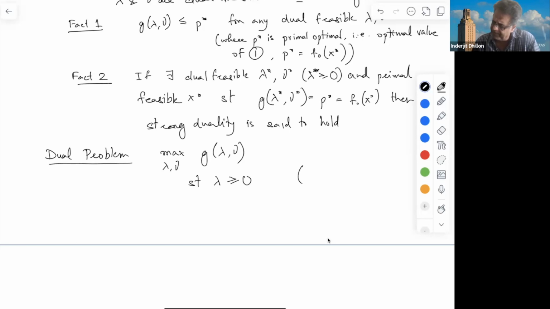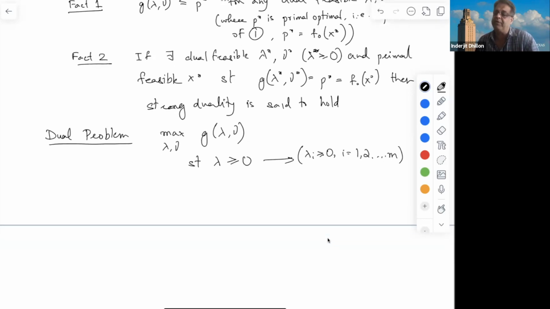Remember, I could have written it as lambda i greater than or equal to 0, i equals 1 through m, and this is just encapsulating it: the vector of lambdas is greater than or equal to 0.